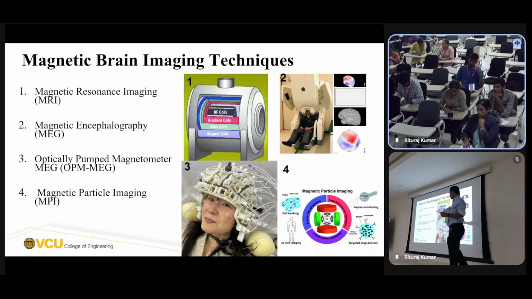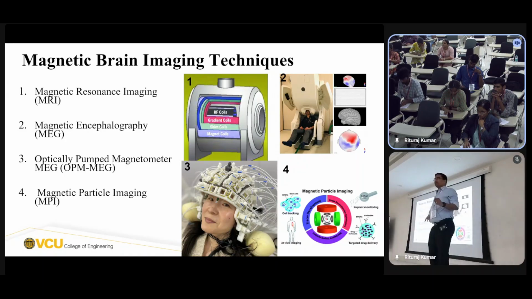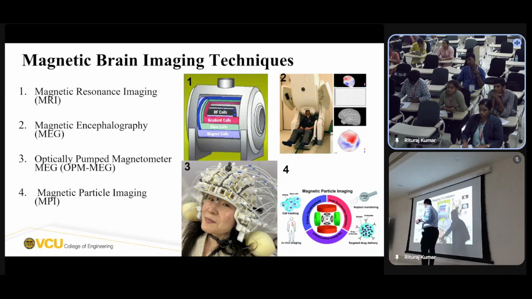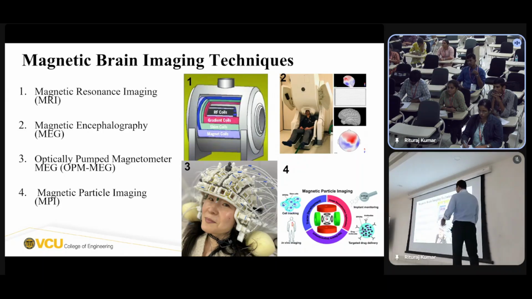And then there is magnetic particle imaging. That's next generation, which hasn't even been demonstrated. People are still working on the materials and small prototypes on rats.